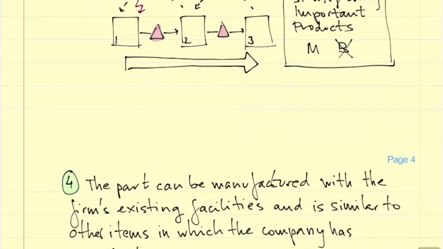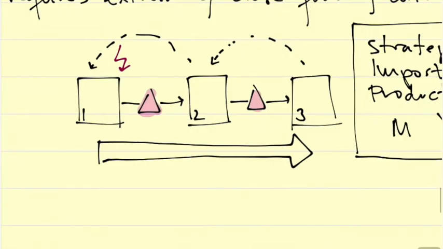So if I have a product that is very similar to what I already do and doesn't take more knowledge or more changeover than necessary, and I can perform this production myself without incurring a lot of investment, then it might be advisable to make myself instead of buying. Okay.